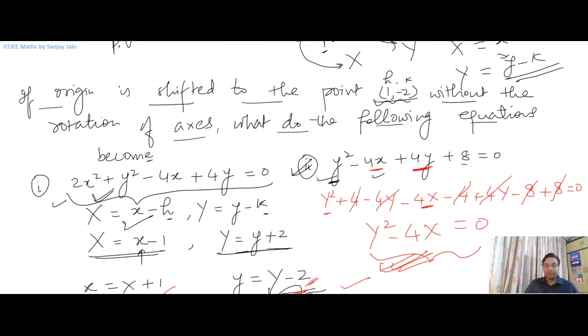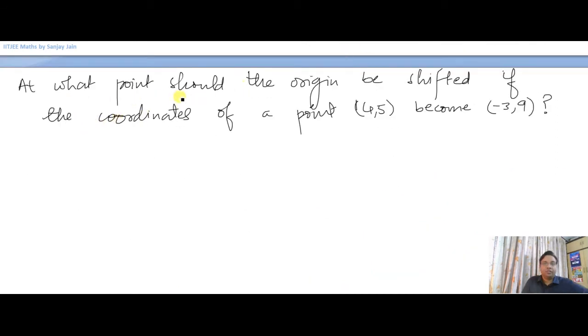All right. At what point should the origin be shifted if the coordinates of the point (4, 5) become (-3, 9)? We know that small x is equal to capital X plus h and small y is equal to capital Y plus k.